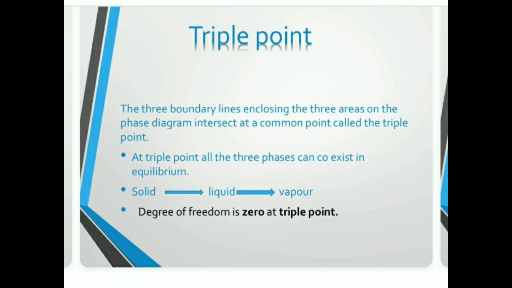Here the temperature is 0.0075 degrees Celsius and the pressure is 4.758 millimeters respectively. That is the triple point, where the triple point is the meeting of curve A, curve B, curve C. That is the triple point, and the degree of freedom is 0. That is about the triple point.